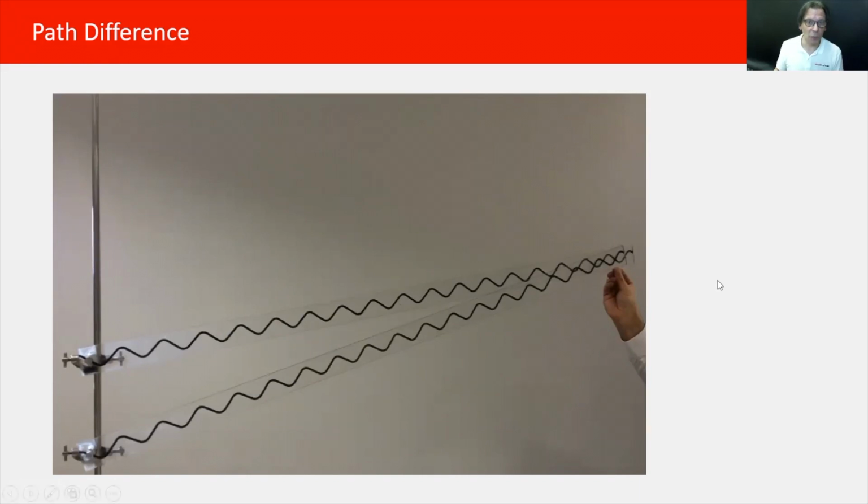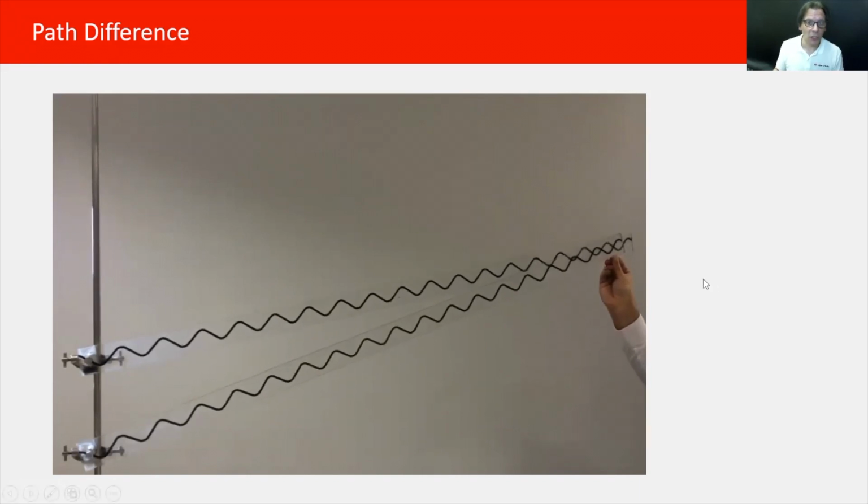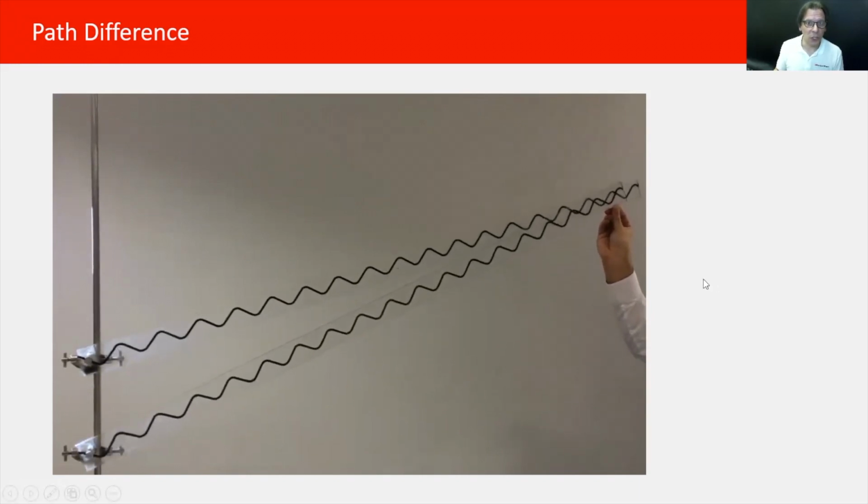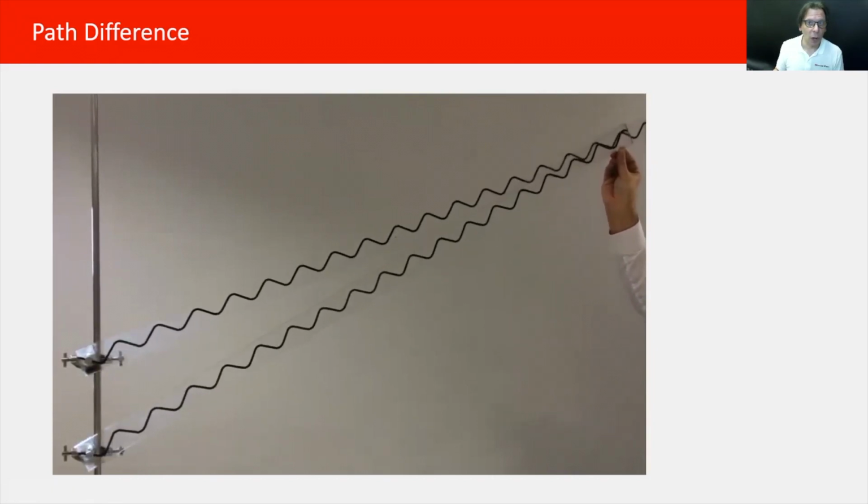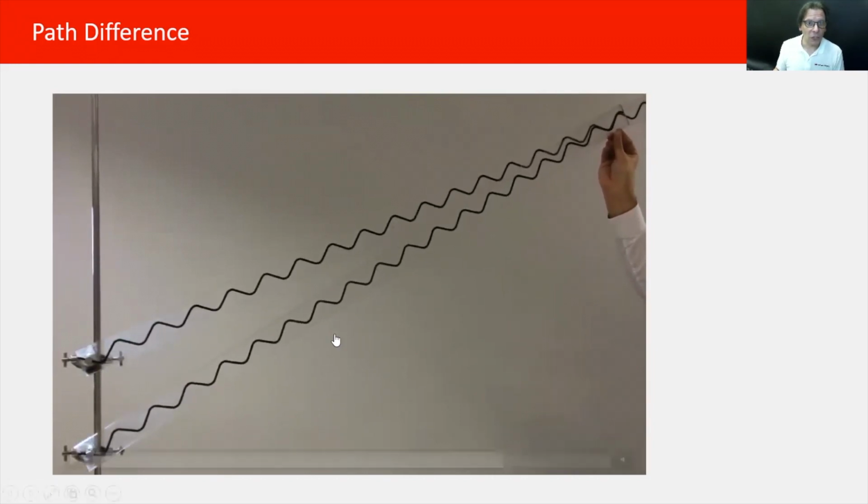If I continue to move my hand upwards, you can see that the path difference increases, and we reach a point where the distance the wave has travelled from the bottom is one whole wavelength further than the distance the top wave has travelled. And at this point, the waves are overlapping in phase, but that only happens if they start off in phase too.